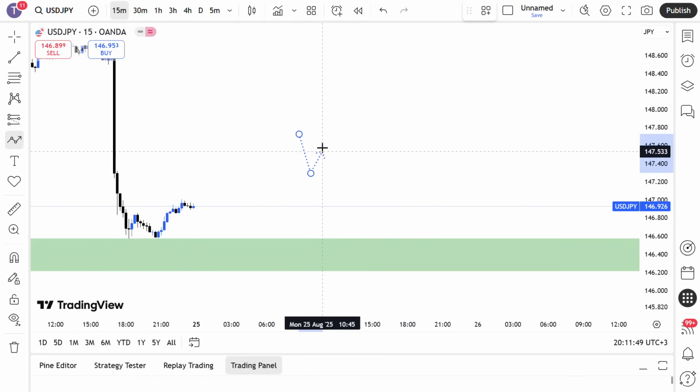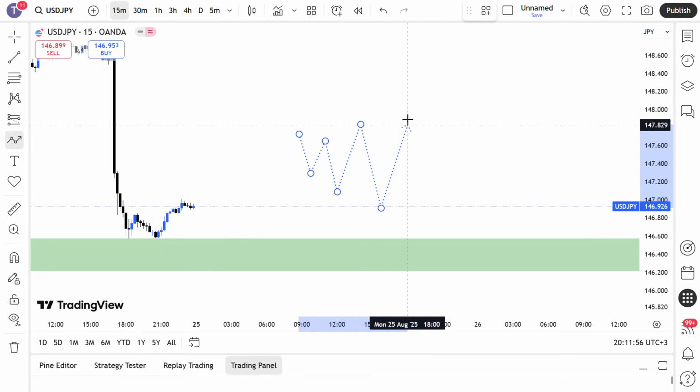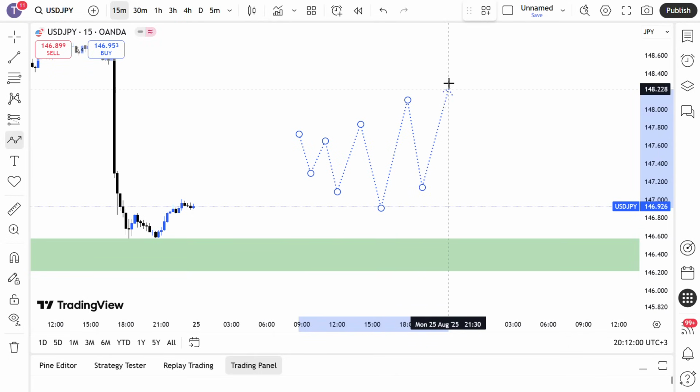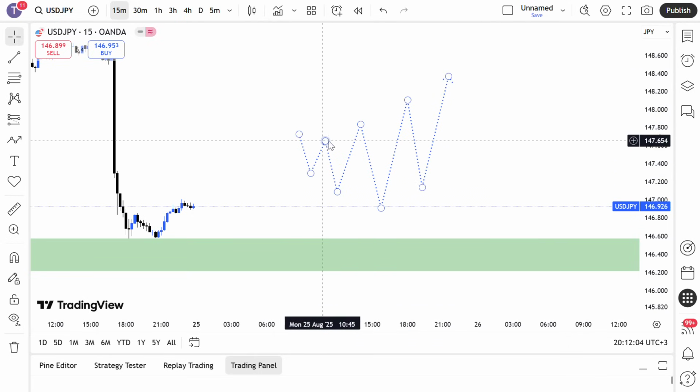I want to see something like this before I have my entry. I want to see price sweeping a liquidity, an inducement, before going down to break structure.